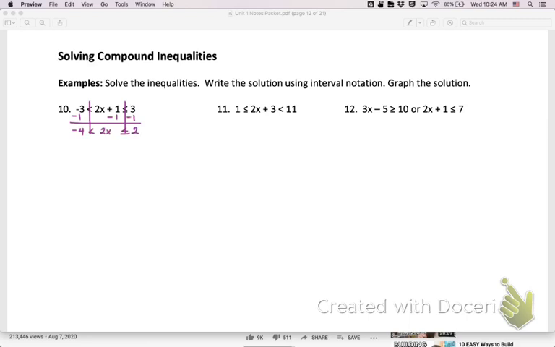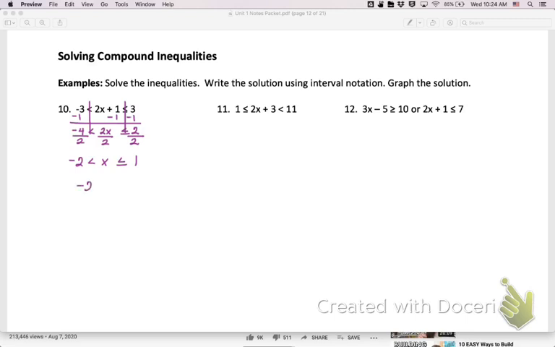Lastly, we'll divide by positive 2 because we're trying to get x by itself. That's positive, so we don't need to change the signs. We get negative 2 is less than x is less than or equal to 1. So I feel like these are easier to translate to an interval because it's lower bound negative 2, upper bound 1.